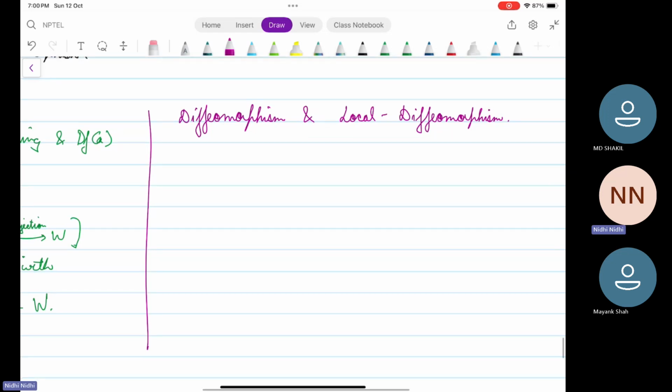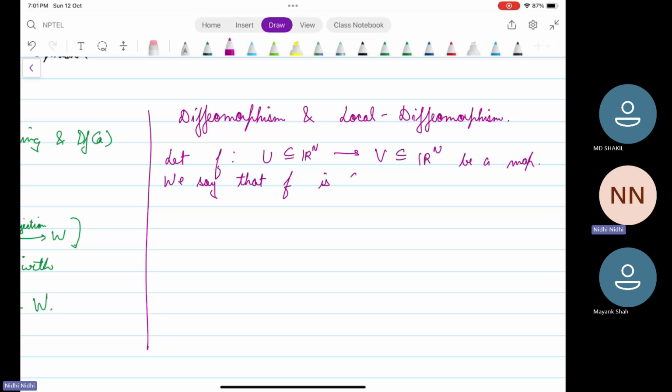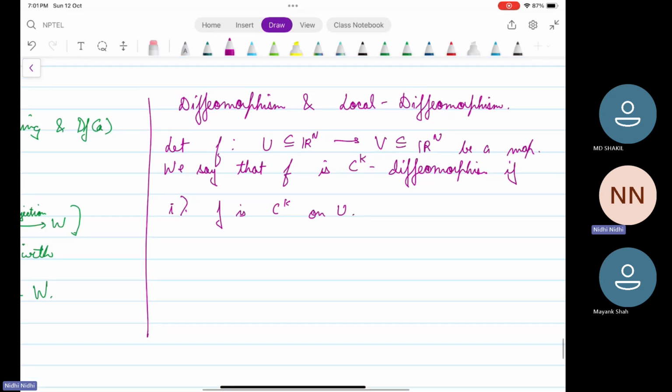It says that if f is a function from U, which is a subset of Rn, to V, which is again a subset of Rn, then we say that f is a Ck diffeomorphism if, firstly, f is Ck on U. That means it is k times differentiable and its kth derivative is continuous as well.